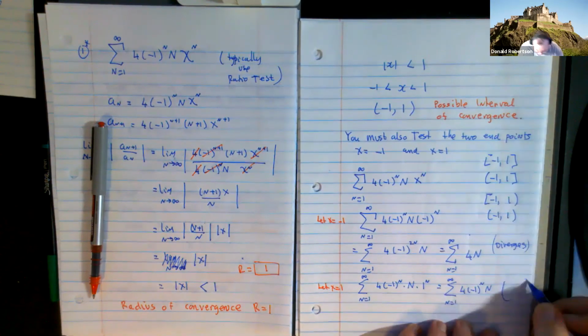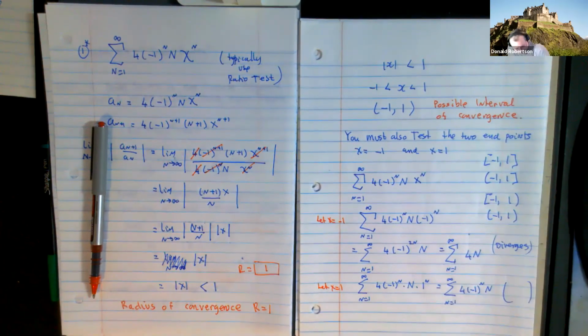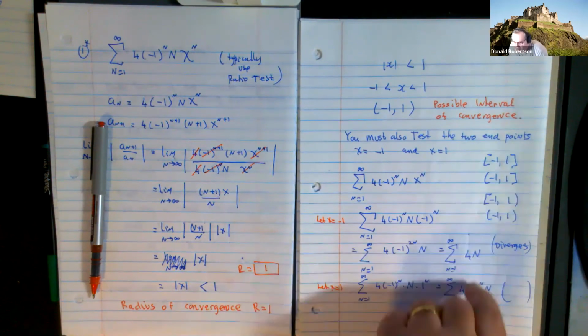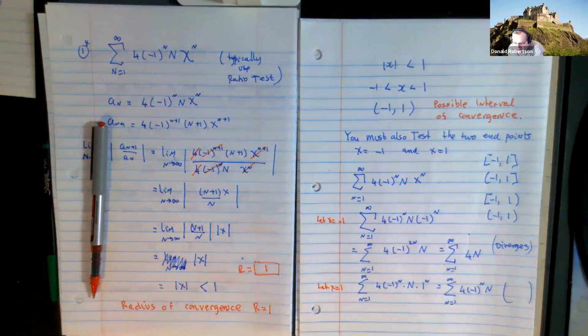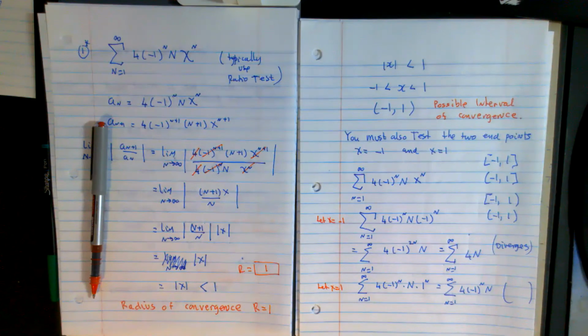And again, don't overthink it. A lot of the time, the two endpoints are very simple series that you should be able to look at reasonably quickly. Do you think that converges or diverges? Diverges? It does.